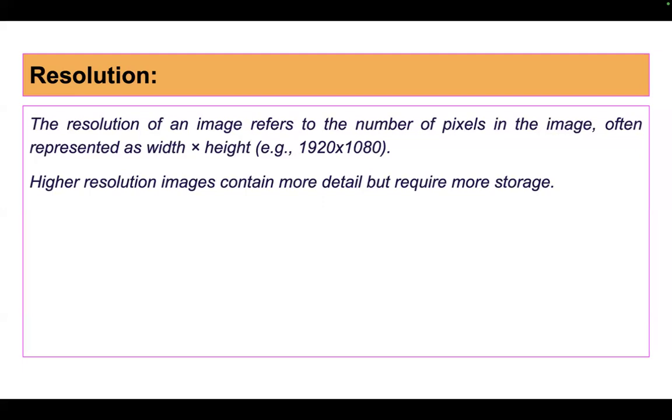So don't forget, resolution means the number of pixels. Higher resolution means what? It contains more detail, right? More details because more number of pixels are there. But of course, for that, we need what? More storage. Is it okay?